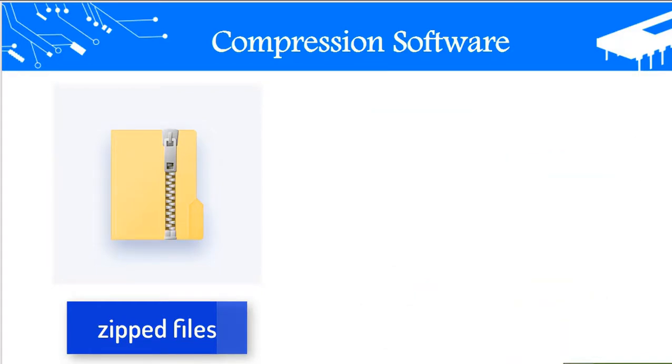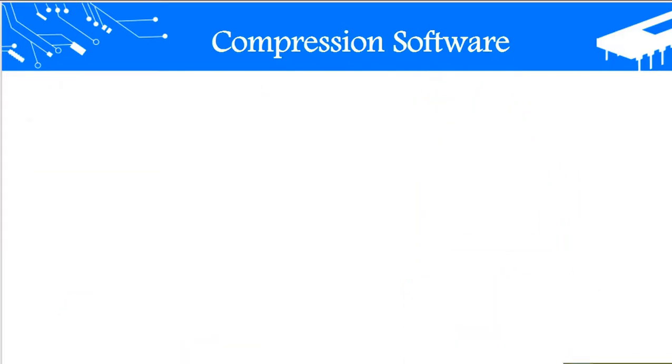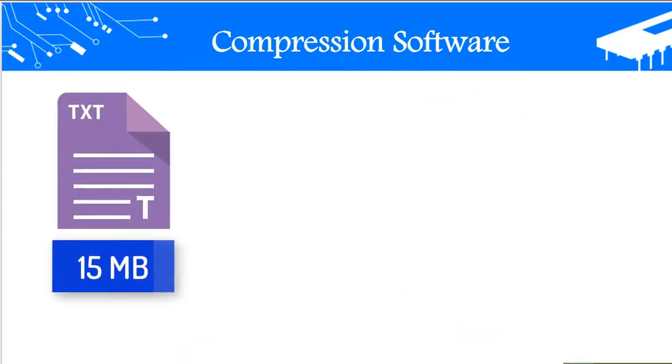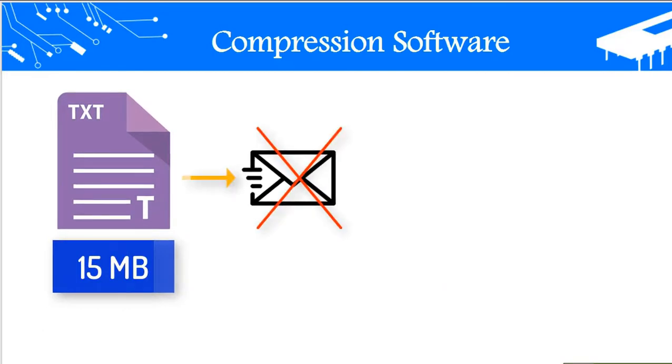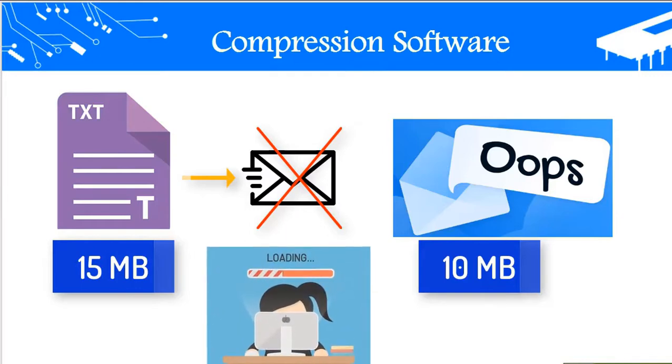Sometimes there's a limit to the size of a file which can be transmitted. For example, if you have a 15 megabyte document, you will not be able to email it to a friend if there is a 10 megabyte limit on the attachments they can receive. Even if they can receive the file, it may take several minutes to download if they don't have a broadband connection.